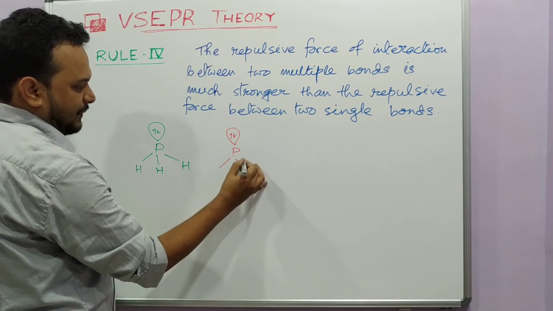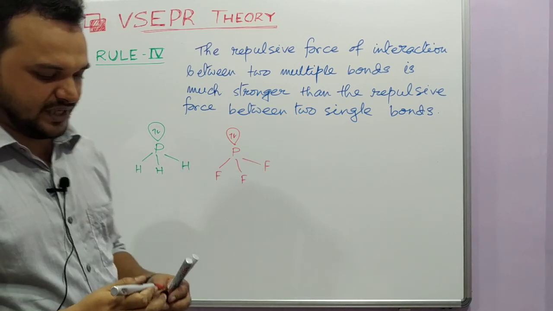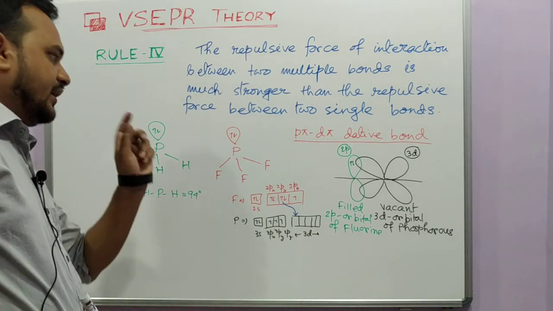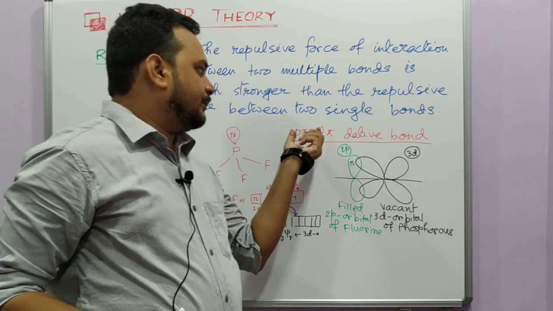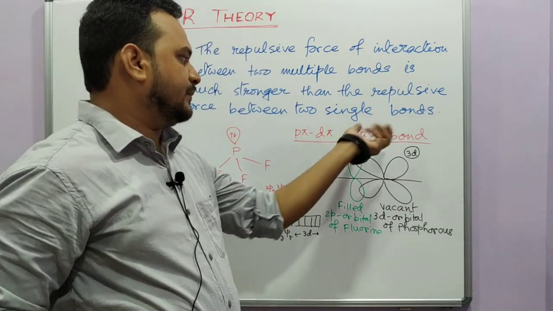So how can I apply this rule where multiple bond is involved, right? Now here we will encounter a new thing known as p pi d pi dative bond or p pi d pi coordinate bond.